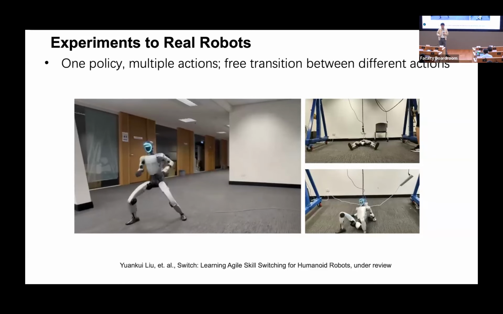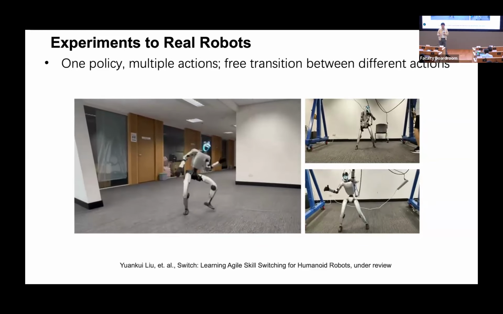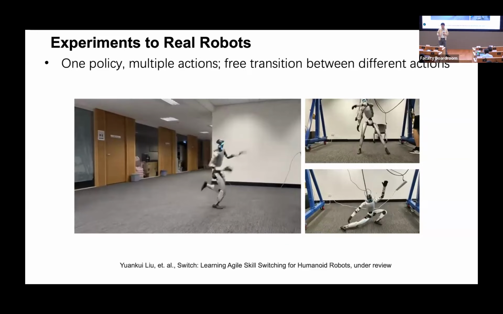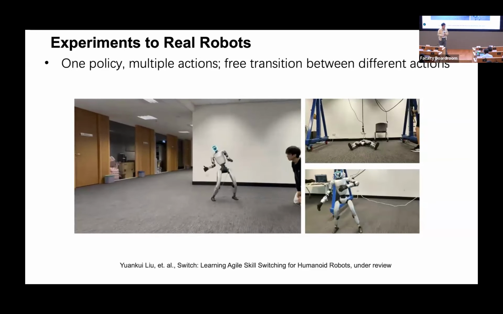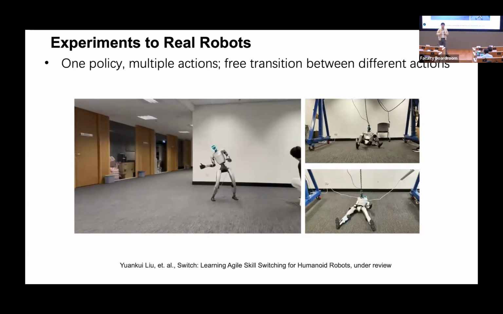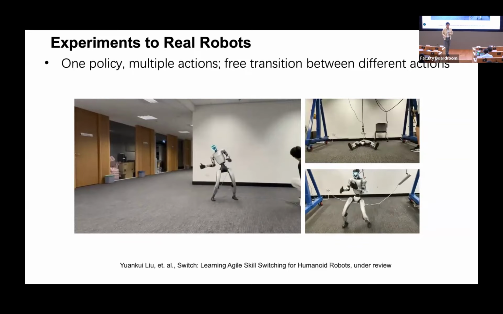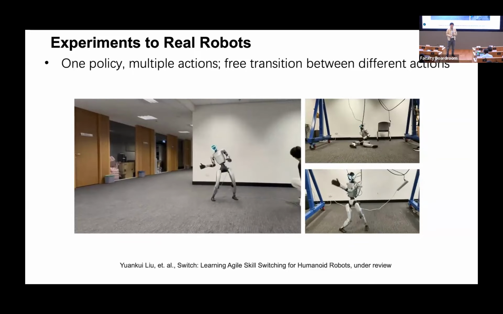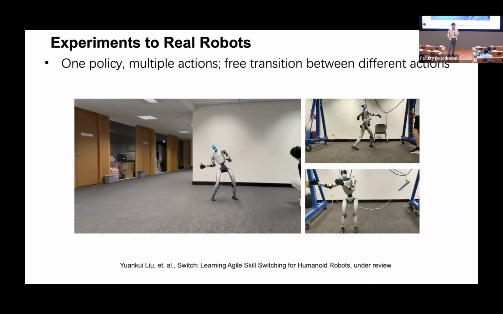We're actually trying to get it to switch between two arbitrary skills. So once it can switch between skills robustly, we will then be able to apply what we have talked about to let it play basketball. We already have some quite exciting examples. I didn't include them in the PowerPoint.